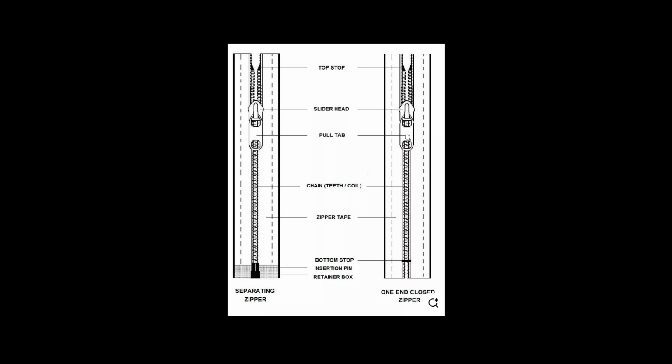you can change everything. You can change the zipper pull, the dimensions, the color, the weight. You can change the slider, the dimensions. You can also get your own custom sliders.